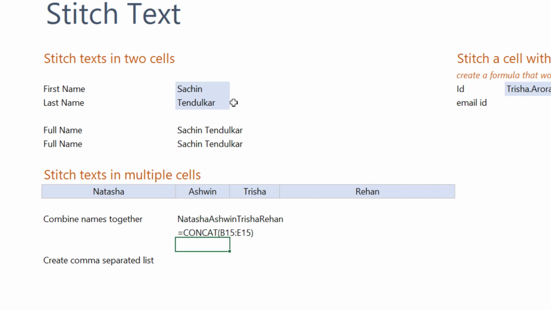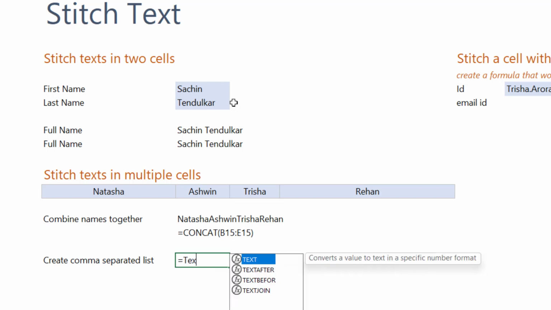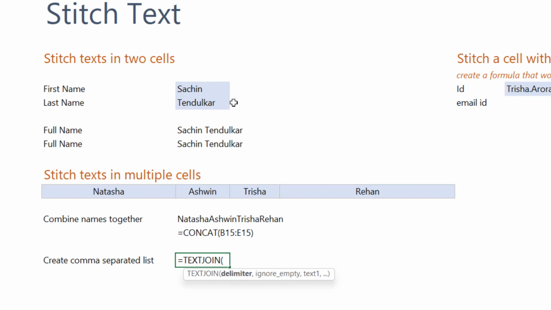But what if we wanted to stitch them with certain delimiters in between? So let us say I want these 4 words to come in one cell, but they have to be comma separated. In that case, you could use a function called TEXTJOIN. In TEXTJOIN, you have to specify the delimiter character. That means what character do you want to come as a partition between each of these words. In this case, I want a comma.